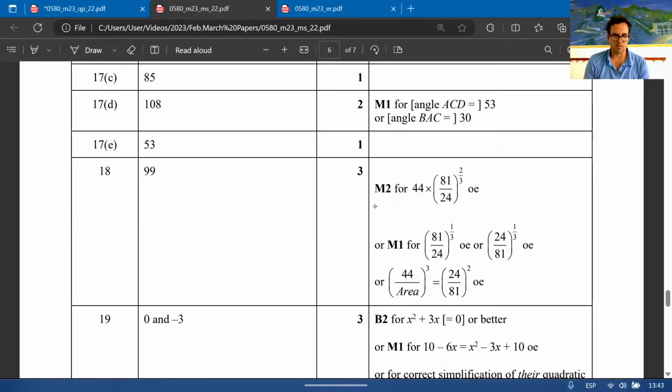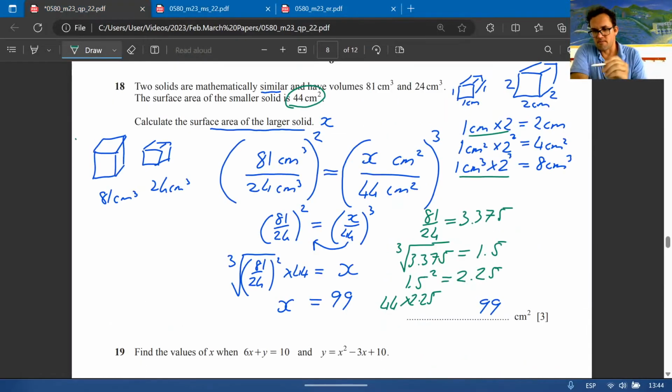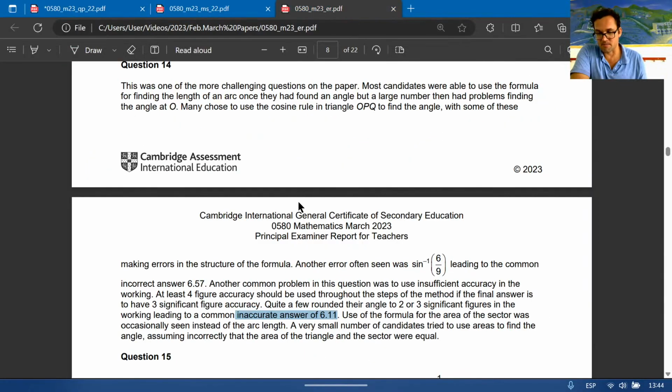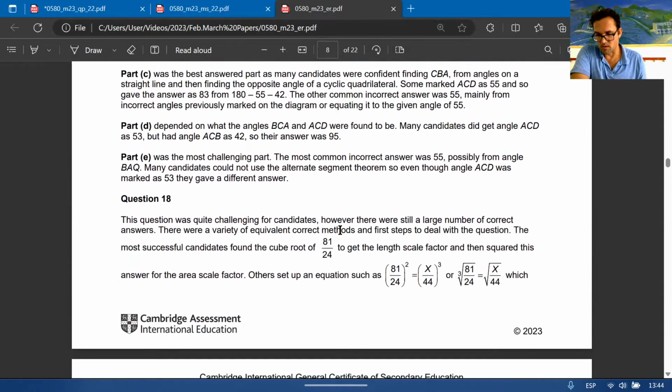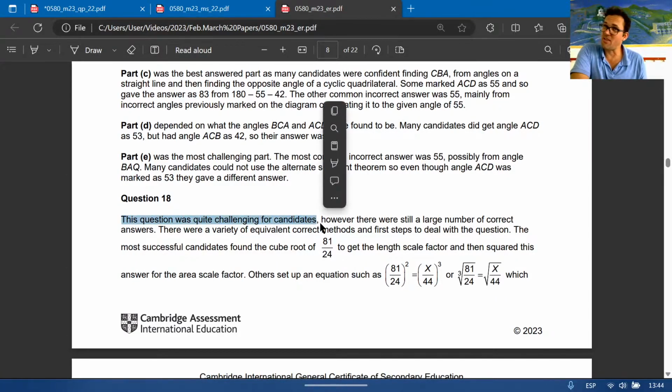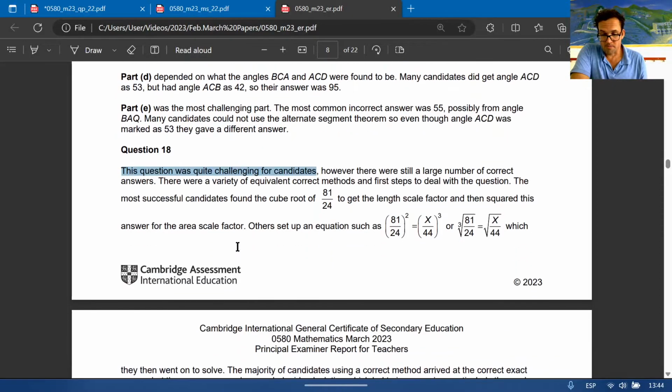Mine is a bit more similar to what the mark scheme says, although they use fractional indices, where I just use the roots. Either way, that's question 18. Okay. It was quite a challenging question, so if you're having a headache, don't worry, you will figure it out.